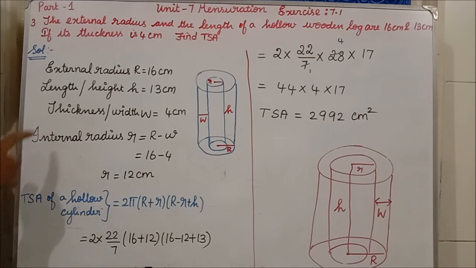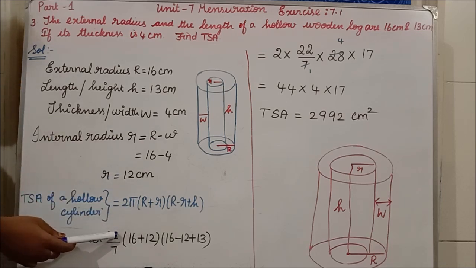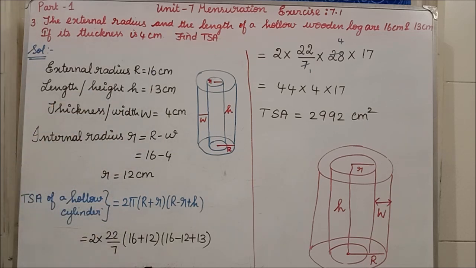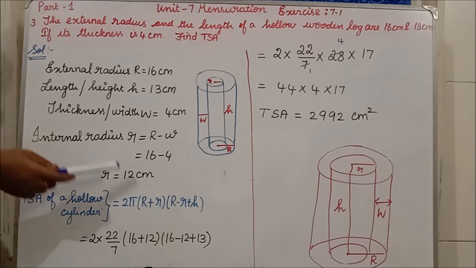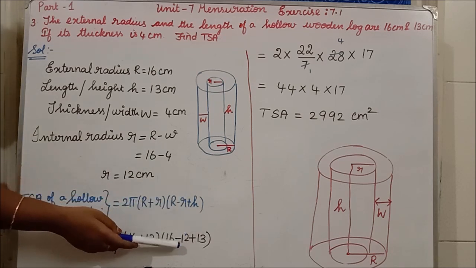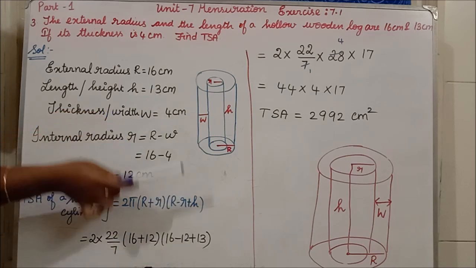Now the TSA of a hollow cylinder. We know the formula, so I am going to substitute the values. 2 into 22 by 7 into (capital R is 16 plus small r is 12) into (capital R is 16 minus small r, so minus 12, plus h is 13).